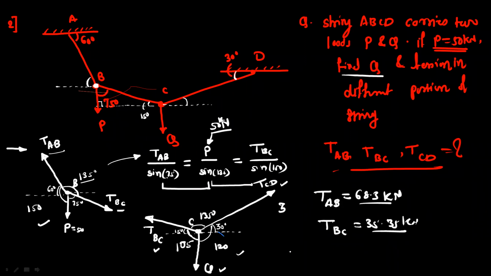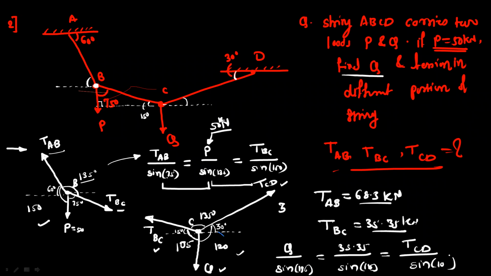So write the equation. The force Q, which is the unknown, upon sine 135, equals the known force, tension BC, 35.35 upon the sine of the opposite angle, 120, and equals the unknown tension CD upon the sine of the opposite angle, sine 105.